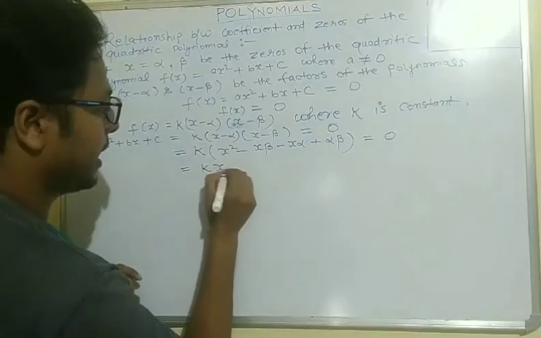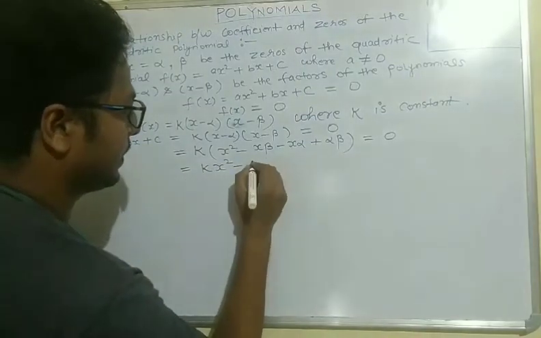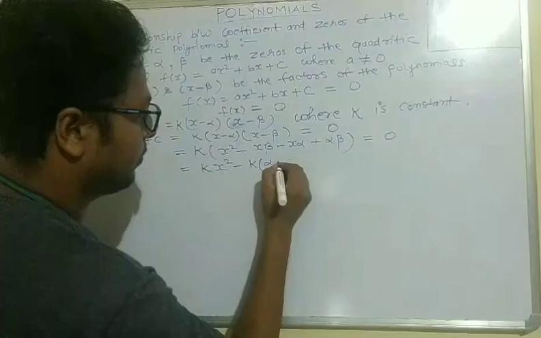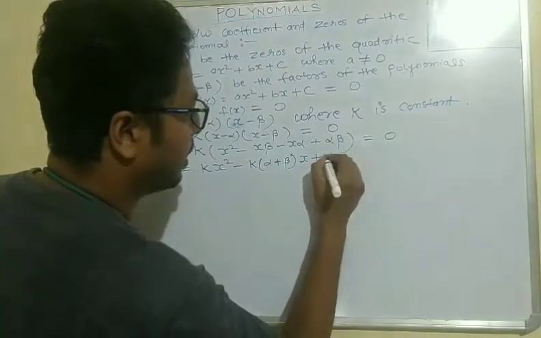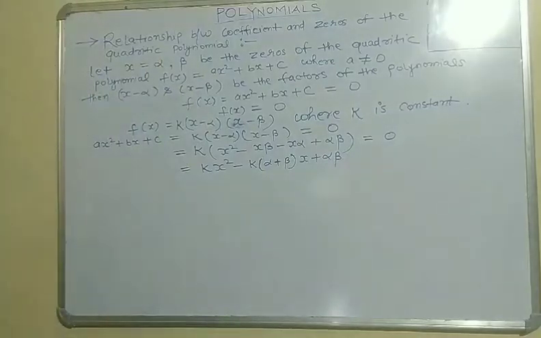K times x square minus k times alpha plus beta x plus k alpha dot beta.